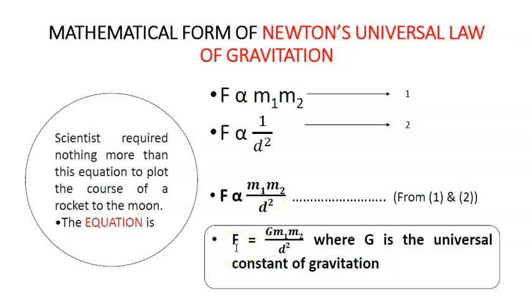Therefore, F, the gravitation force, is equal to G m1 m2 upon d square, where G is the universal constant of gravitation. And you know something, students? The scientists used the same equation to plot the course of a rocket to the moon.